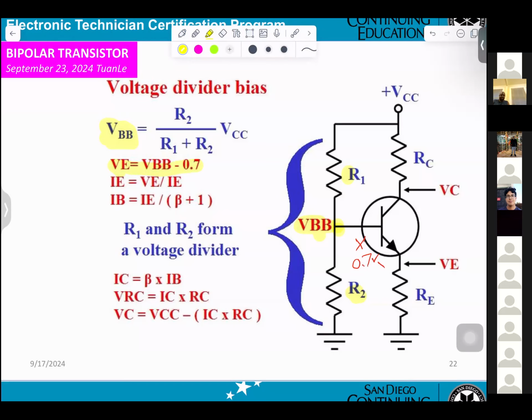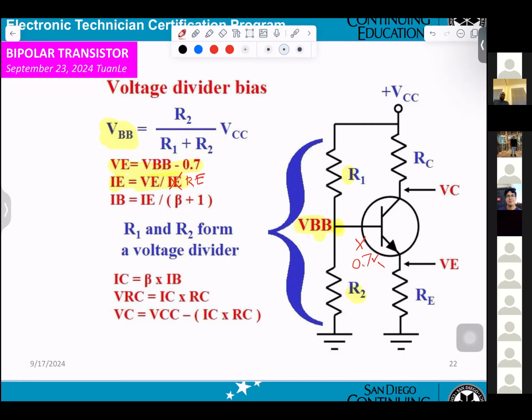And after you get the VE, you want to calculate the IE. IE equals VE divided by RE. This is a wrong one, you correct that: RE, not IE. And if you want to calculate the IB, IE divided by beta plus 1.